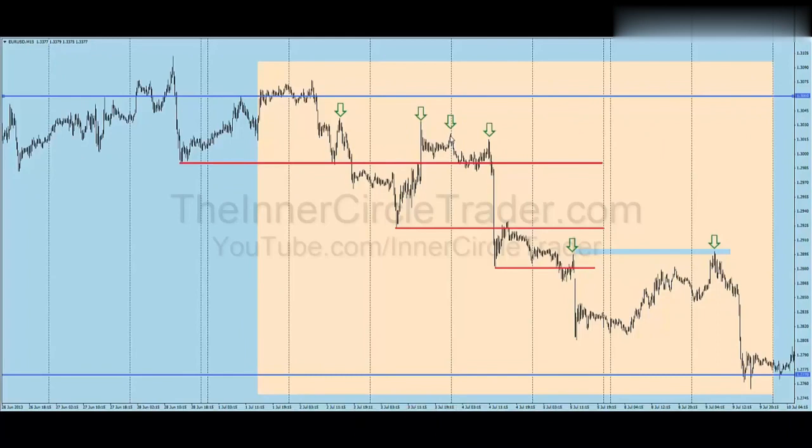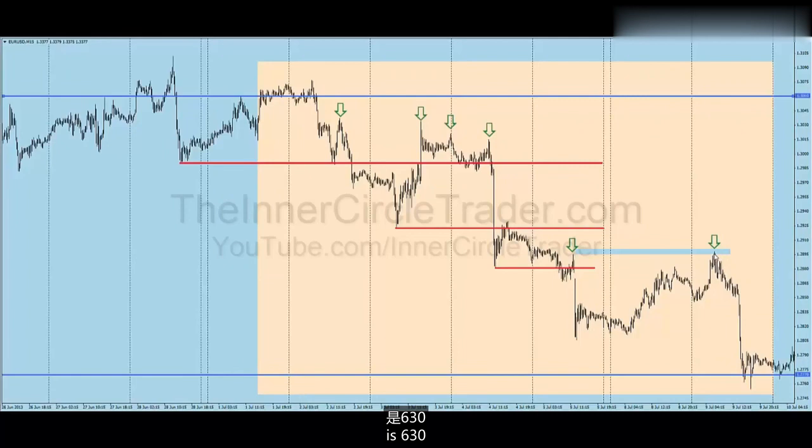This high here is essentially 2330 GMT. And this high here is 11 GMT. This high here is 12 GMT.